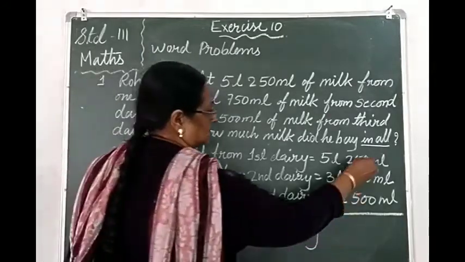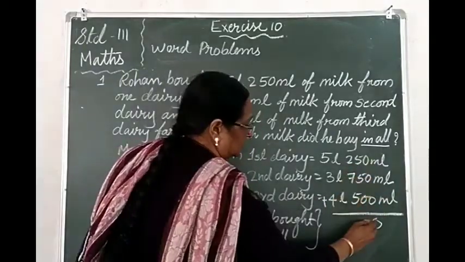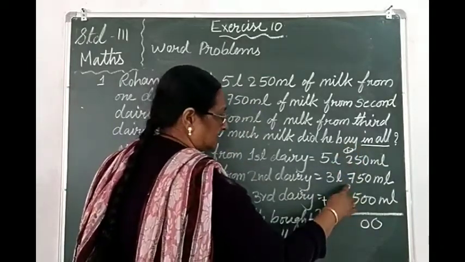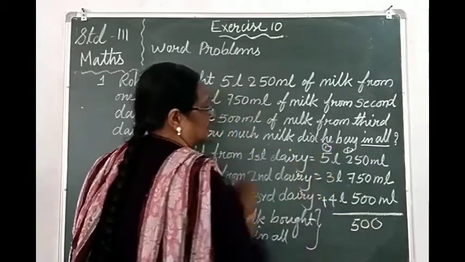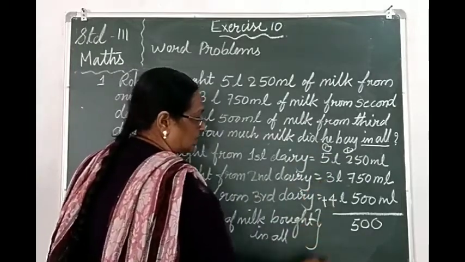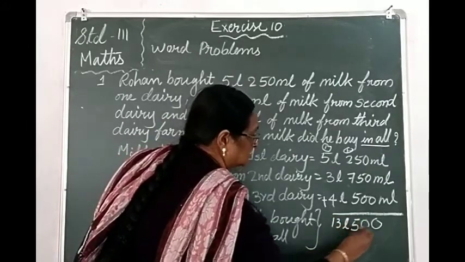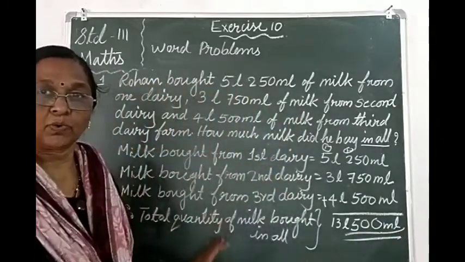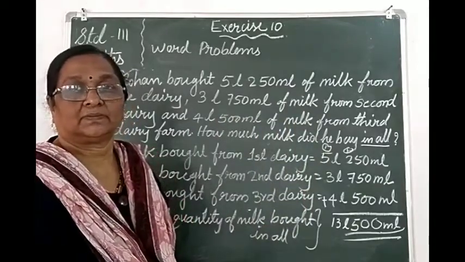Now, shall we add it? 0 plus 0 plus 0, 0. 5 plus 5, 10, 1 carry. 3 plus 7, 10, plus 5, 15, we have to carry the 1. 5 plus 1, 6, 6 plus 3, 9, 9 plus 4, 13. 13 liters 500 milliliters of milk he bought from all 3 dairies together.